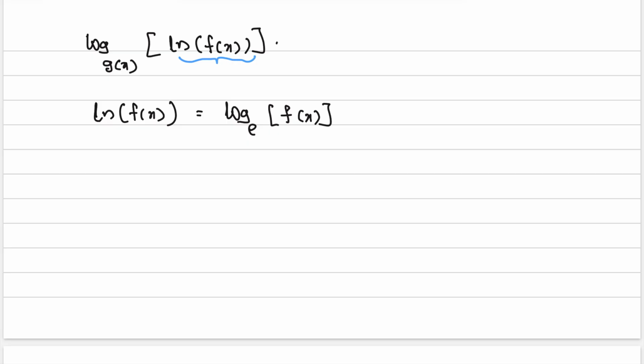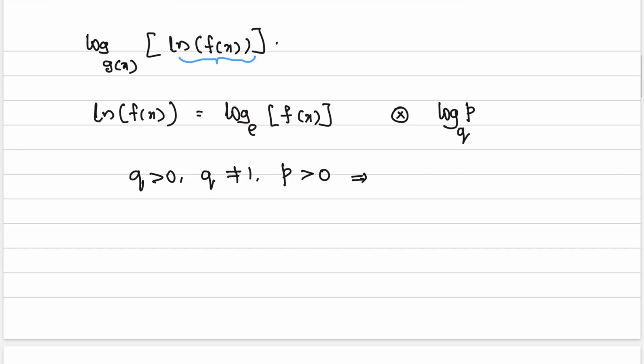Compare it with log p to the base q, which we have just now discussed. What does it say? q should be greater than 0 and q should not be equal to 1 and p should be greater than 0.